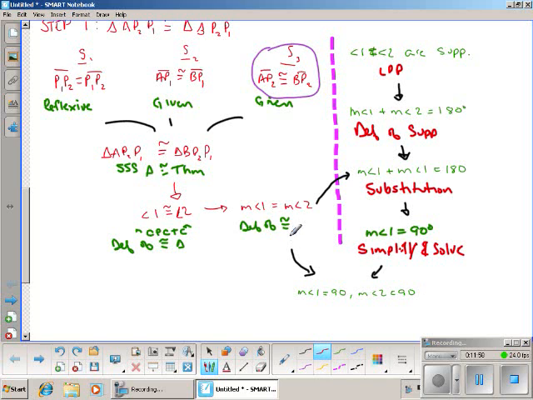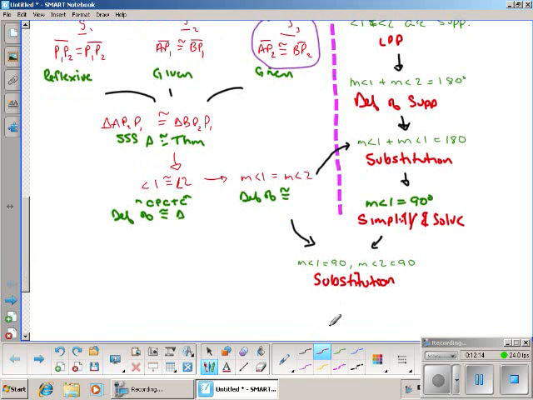I'm taking the measure 1 equals 90 and substituting it in for measurement angle 1 over here, making measurement angle 2 also equal to 90. Well, you guessed it, if measure 1 and 2 are both 90, that makes angle 1 and angle 2 right angles. And they're going to be right angles because of the definition of right angles.